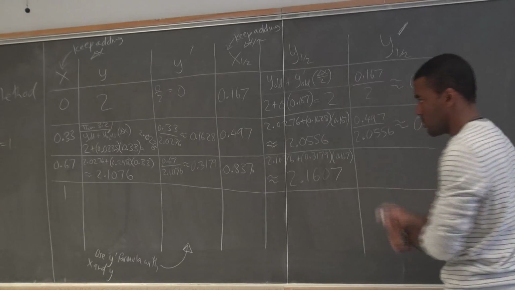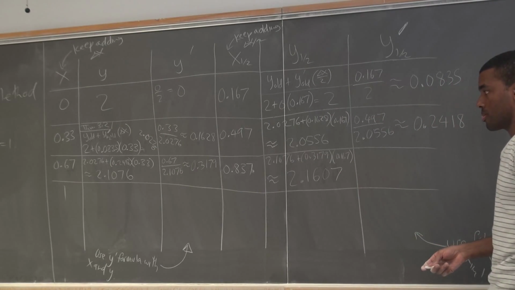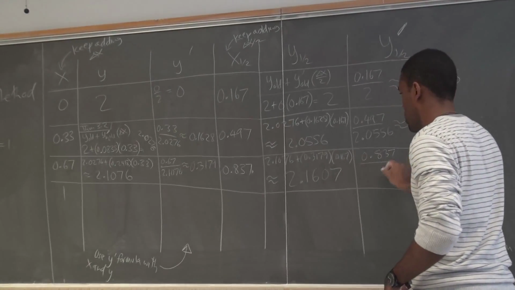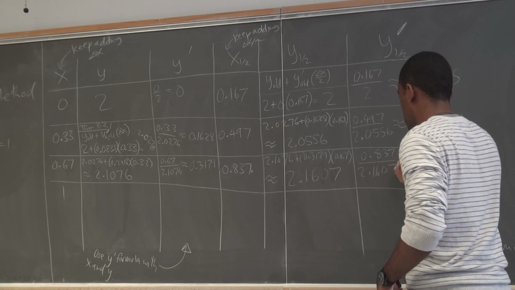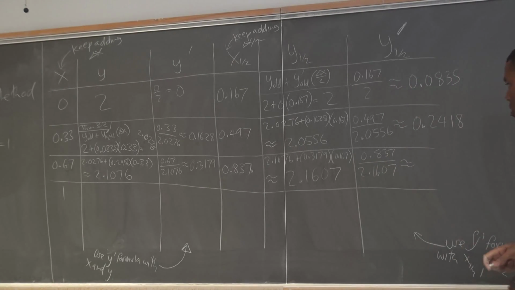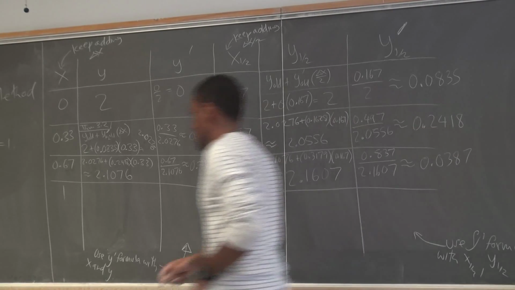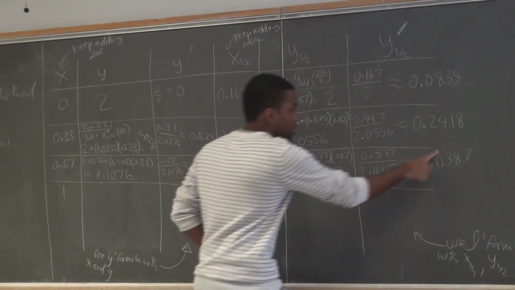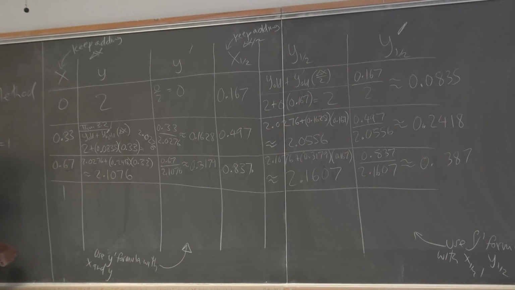So now what do we have here? Finally, the one we wanted to figure out, 0.387. 2.1084, or what do you get?